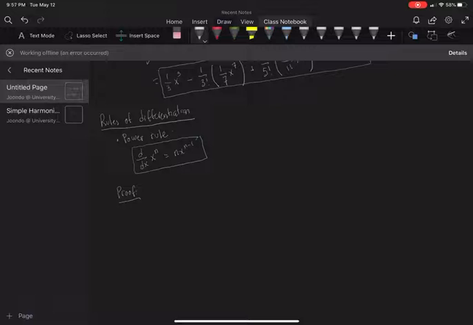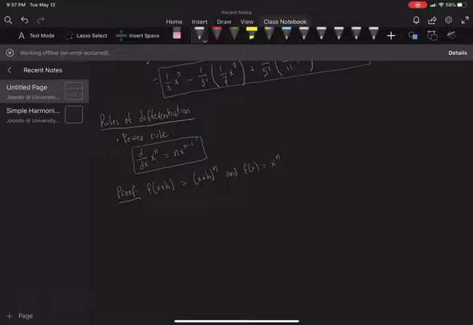To find a proof for this, just like any polynomial, we have to find the quotient. We have to find the limit. We have to make a limit definition out of this. So f of x plus h in this case is going to be x plus h to the nth power, and f of x is going to be x to the nth power.